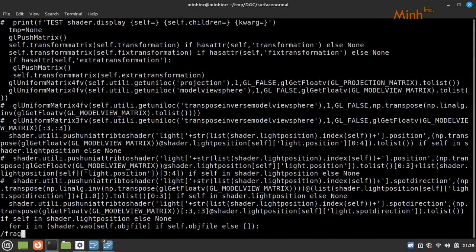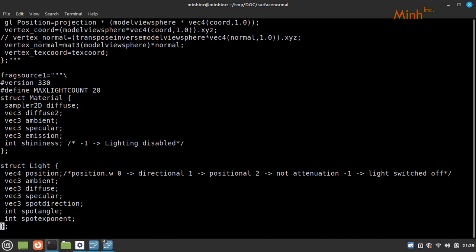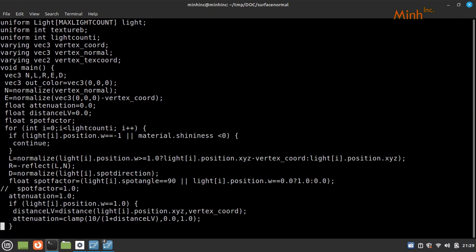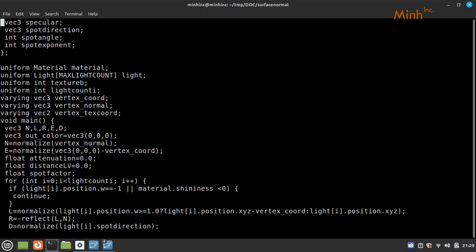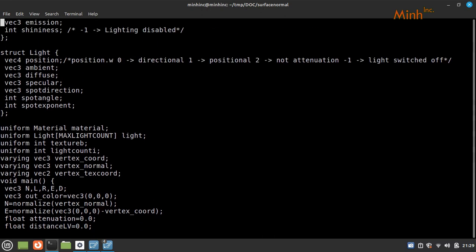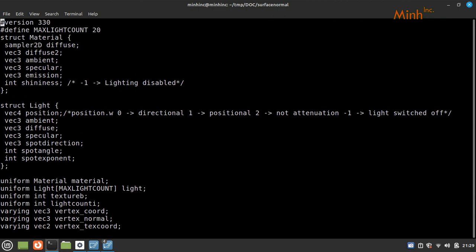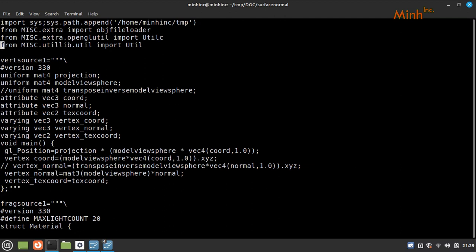If I look at the fragment shader, we are not doing any calculation at all. There is no model view lighting and no transpose inverse of lighting, nothing. There is no transpose inverse at all in the shader code, it's not required.